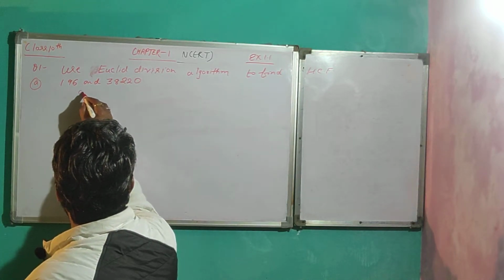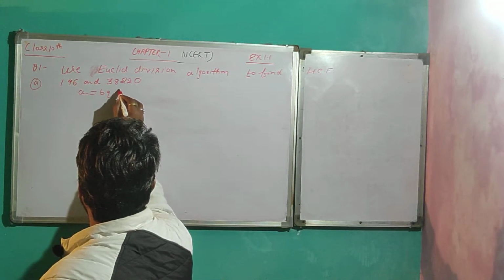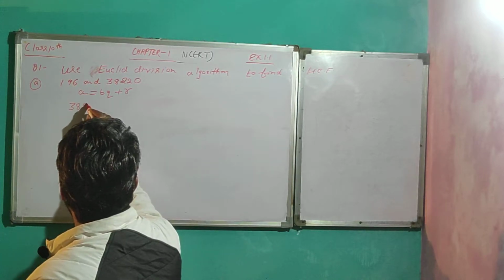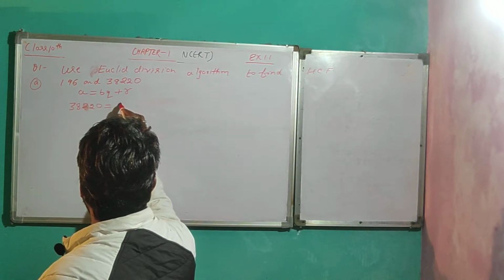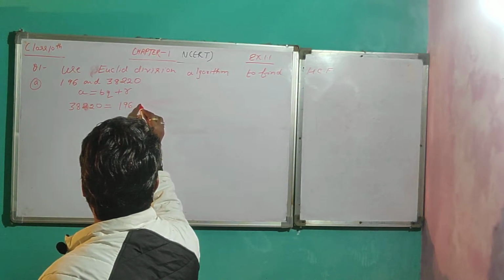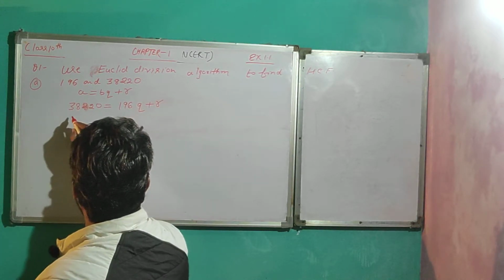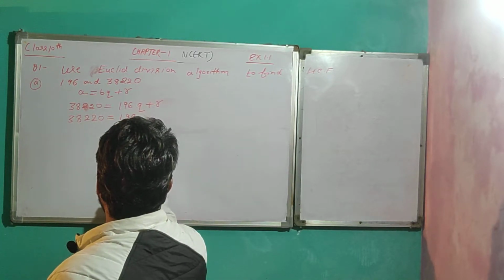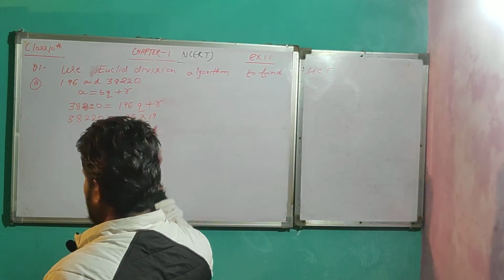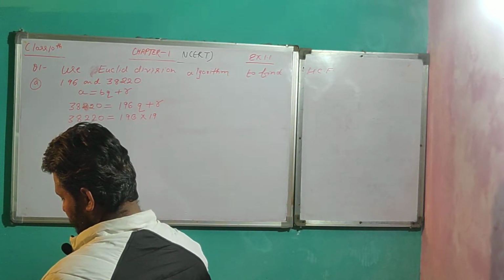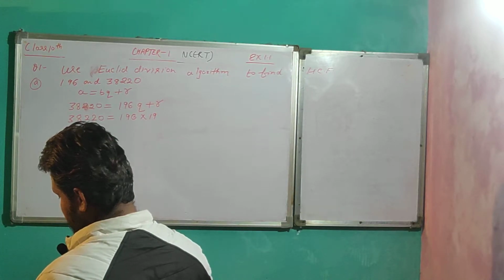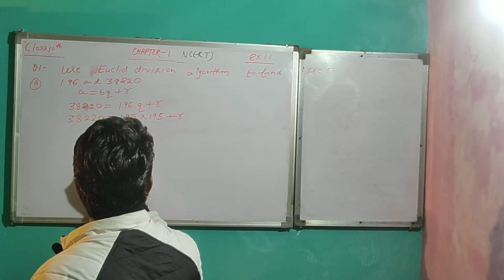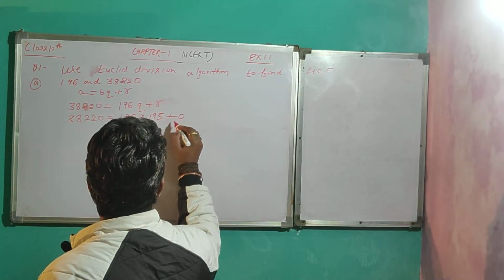Okay, using A is equal to BQ plus R, the value of A is 38220, B is 196. Therefore, 38220 is equal to 196 into 195 plus R. Okay, the value of R will be 0.